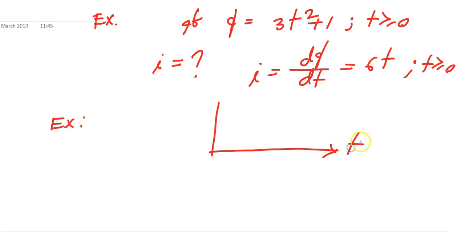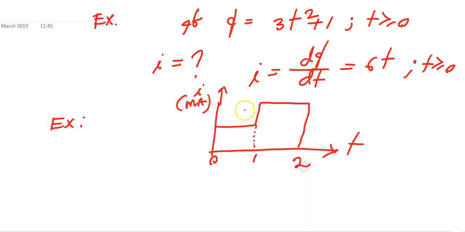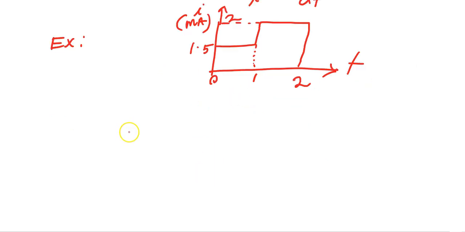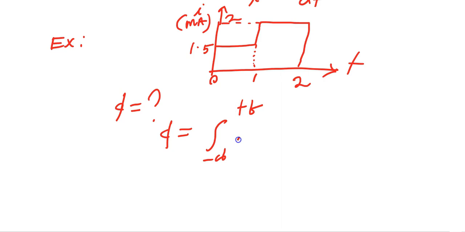Another example: if the current plot is like this, i in milliampere, with 1.5 milliampere between 0 and 1, and 2 milliampere between 1 and 2. What is the total charge passed through the element? You know the relation: q is the integral from minus infinity to the final time of i dt.